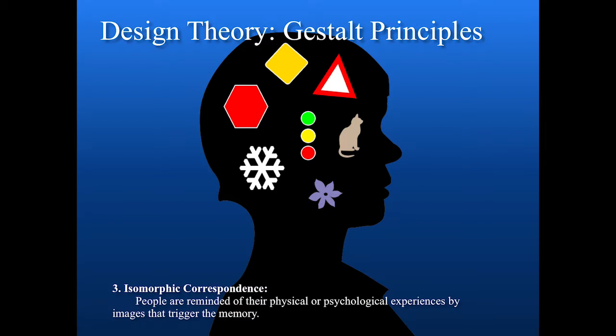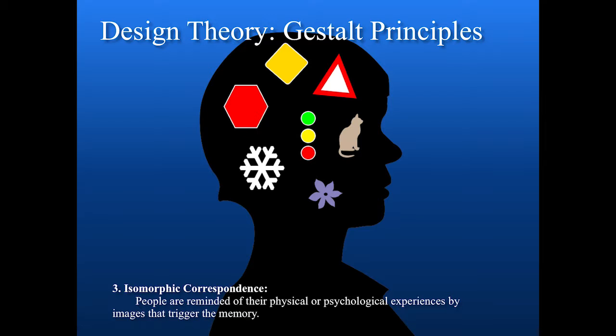Isomorphic correspondence. People are reminded of their physical or psychological experiences by images that will trigger the memory. So this is stop signs and other types of signs you see on the road. Those are embedded in your ideas, so that red stop signs are something you have to stop for.